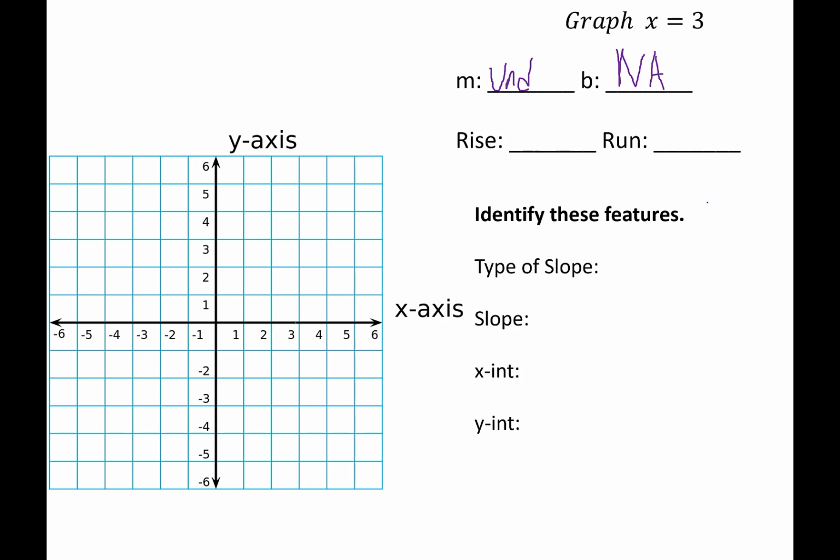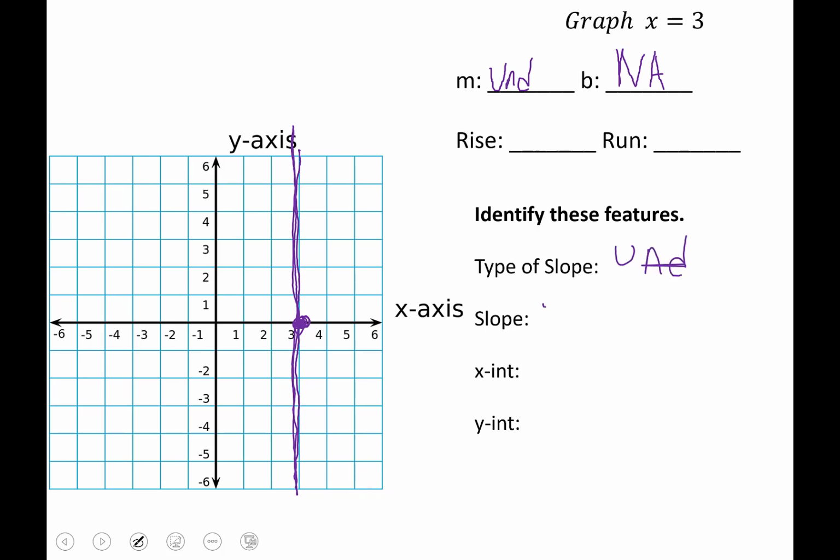So, this is the only time you will start on the x-axis. So I'm going to put a dot at 3 on the x-axis. Now, I have rise, but I don't have run. So anytime you have x equals, just know it is a vertical line through that number on the x-axis.